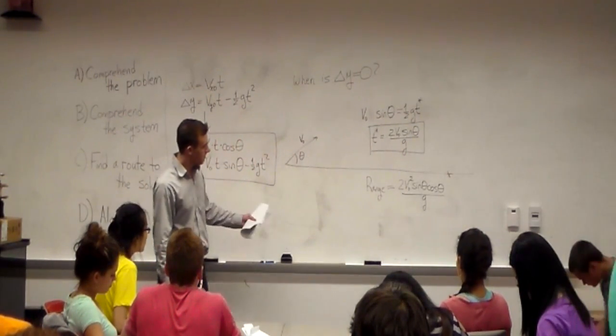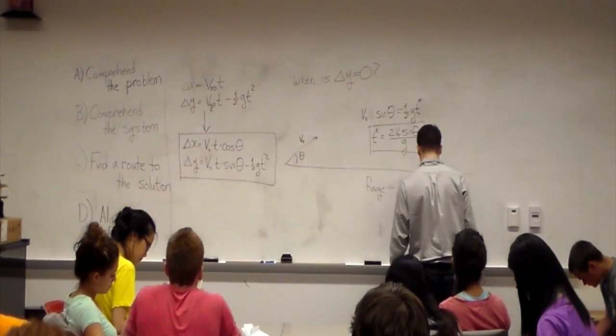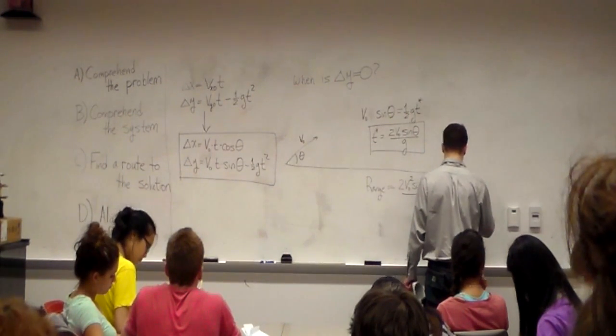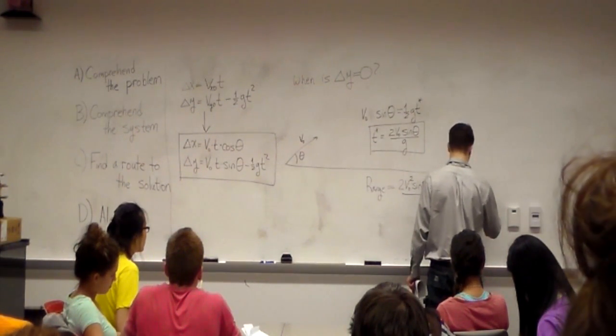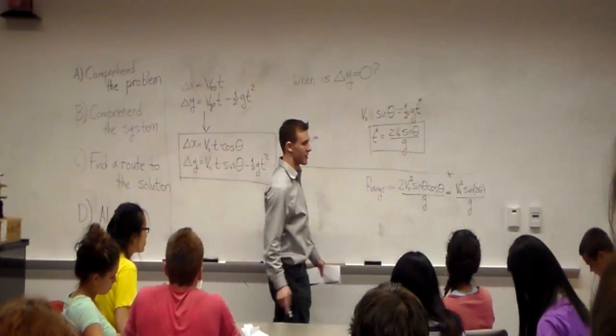Okay? And for those of you who are savvy with trigonometric identities, that is v naught squared sine of 2 theta divided by g. There's 2 sine cosine is equal to sine 2 theta.